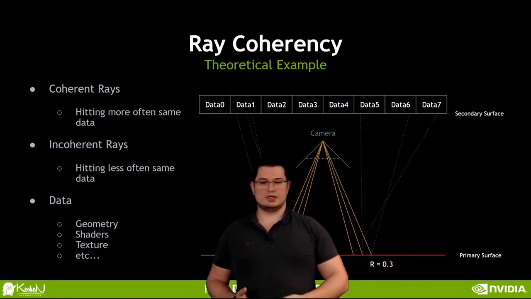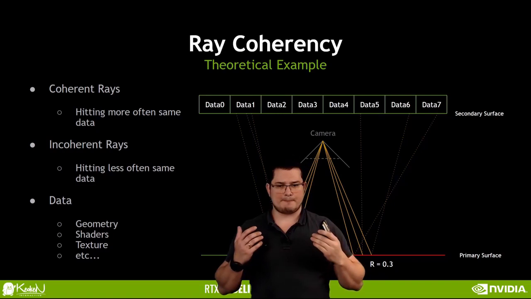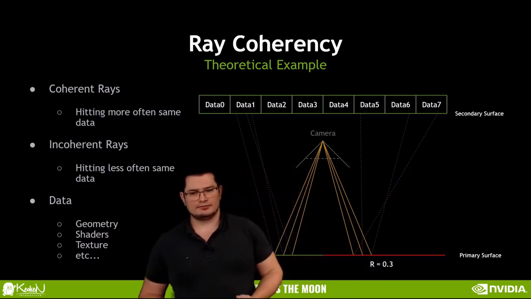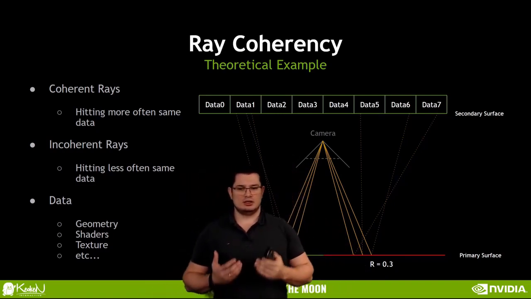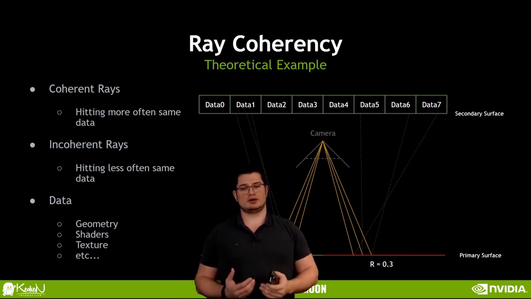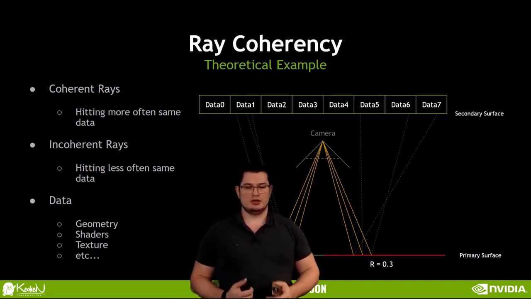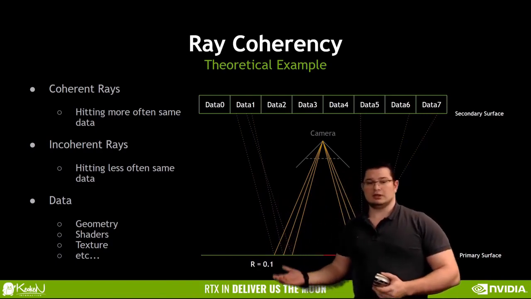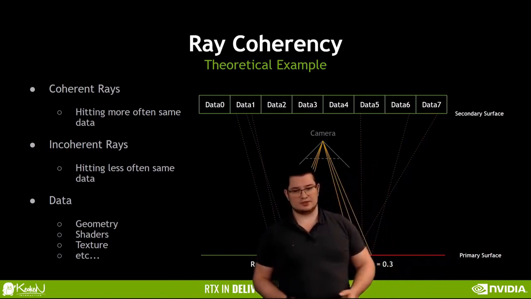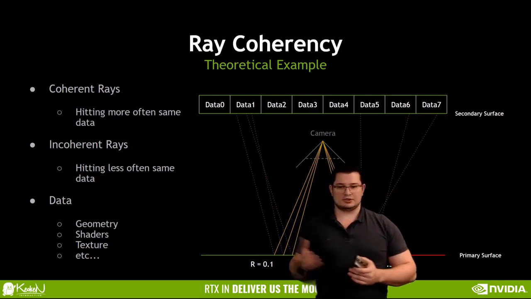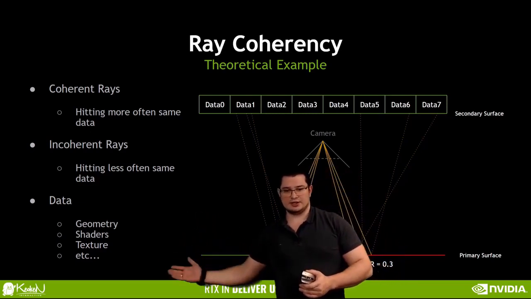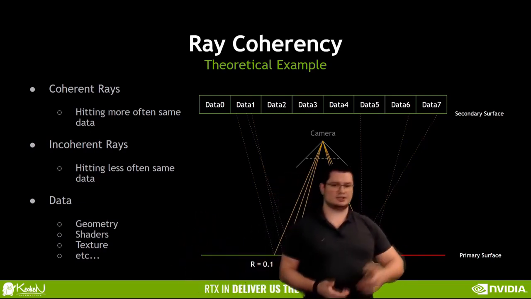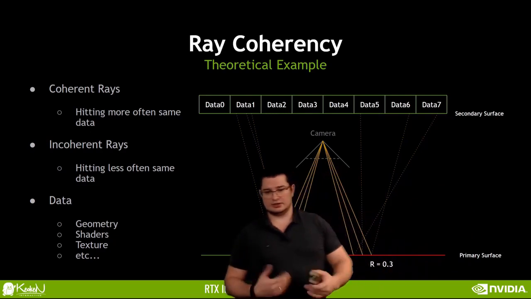So this means that lower roughness also has better cache utilization. And better cache utilization with lower roughness improves your performance because the data, such as geometry, shader, or texture, is already in the cache and it doesn't need to be fetched from VRAM. So it goes much faster.